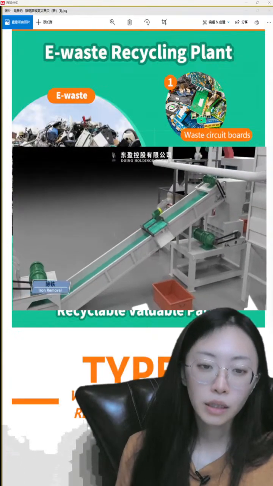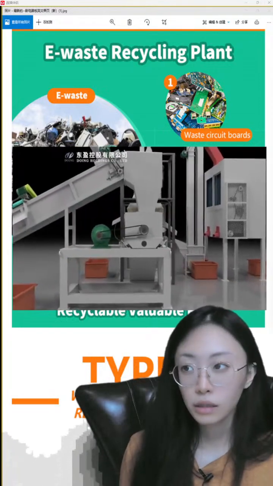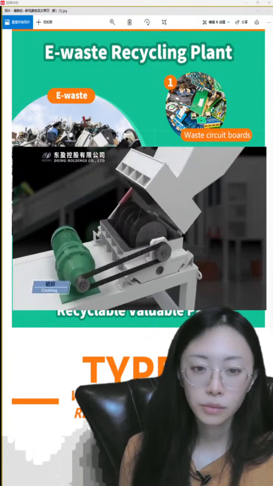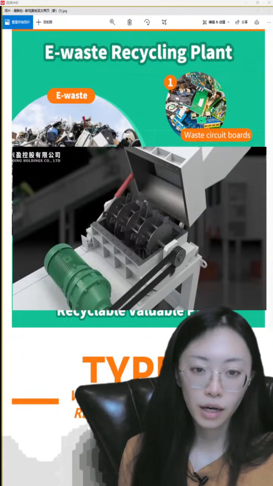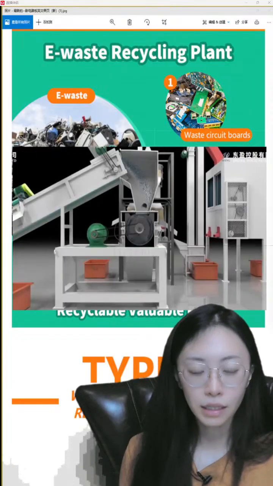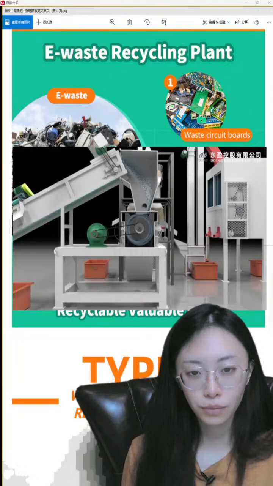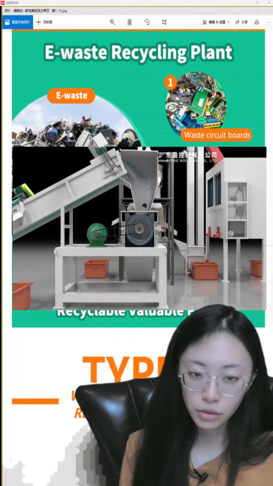Between the hammer crusher and the hammer blade crusher, there is this iron removal machine, a magnetic separator, to remove the iron inside, because the iron is much cheaper than the mixed materials that we recycle. And then they will go into the second hammer crusher to crush again.